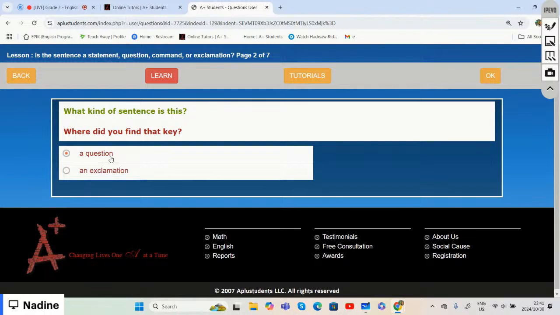All right, so what kind of sentence is this? It ends with a question mark. Is it a question sentence, option one, or an exclamation type of sentence, option two? And where is the key?